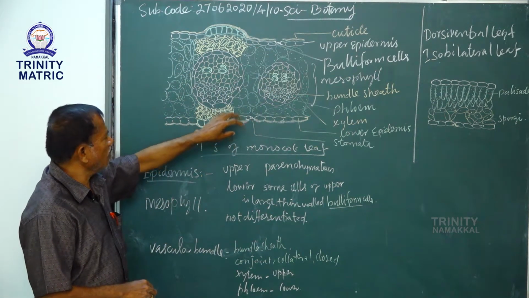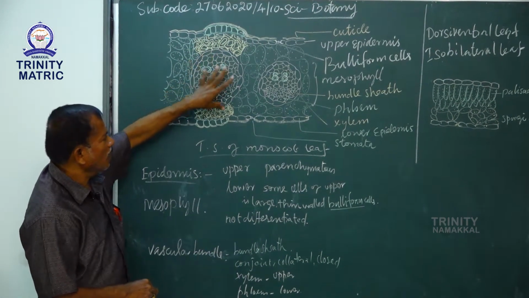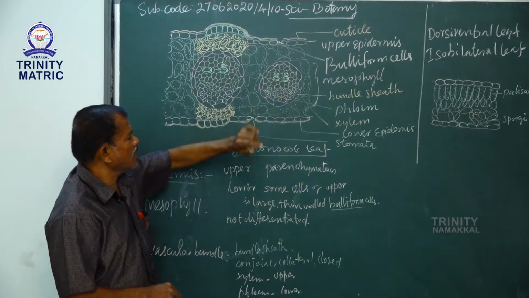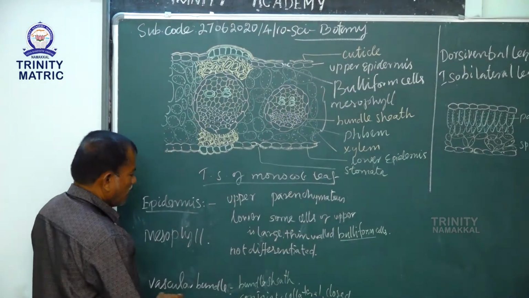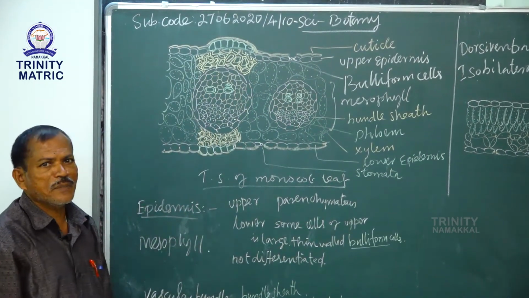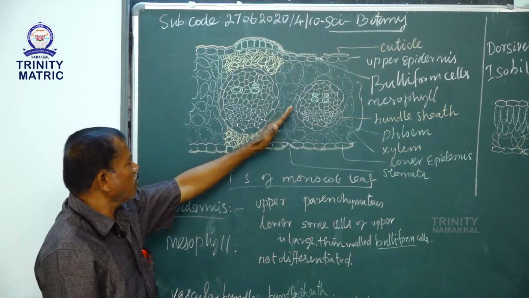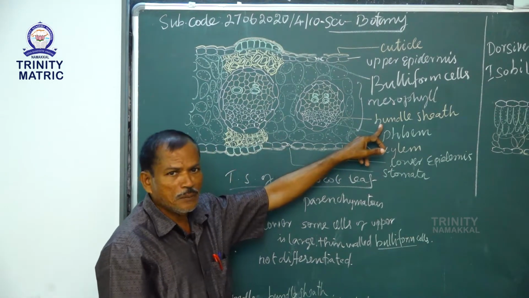In the mesophyll, this portion is called the midrib portion and these are the veinlets. When you see this midrib region, the vascular bundle is surrounded by thin-walled parenchymatous cells, separated from the mesophyll, called the bundle sheath. What's the name? Bundle sheath.